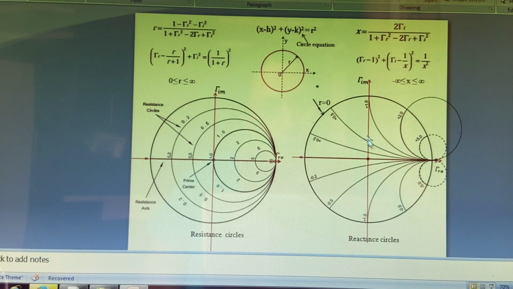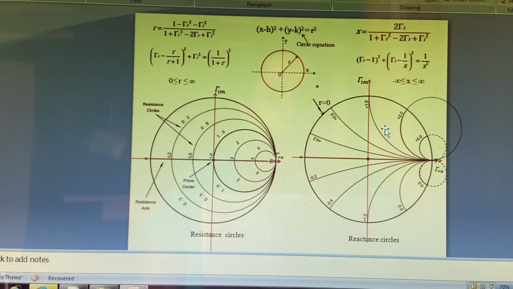Similarly, if you move over this one, the reactance value is equal to 0.5. Positive reactance circles are in the upper part, and negative reactance circles are in the lower part. If you move over any of these reactance circles, the reactance value remains the same, like minus 0.5. Any point you move over this circle is equal to minus 0.5.